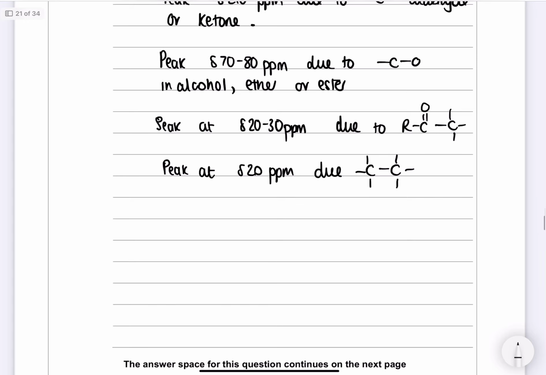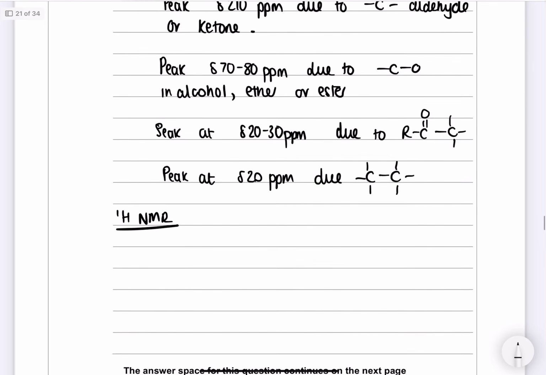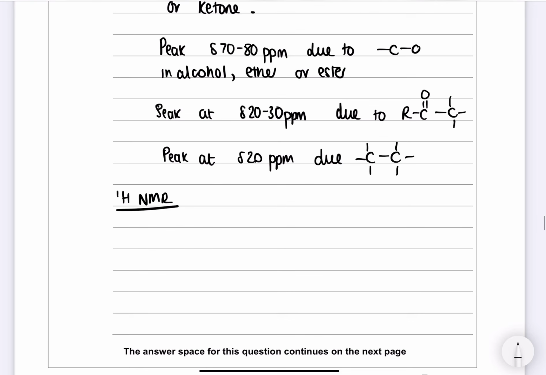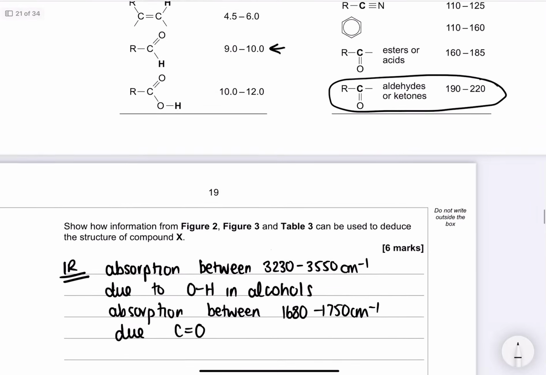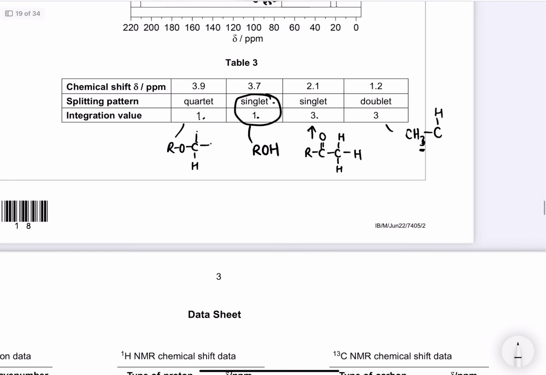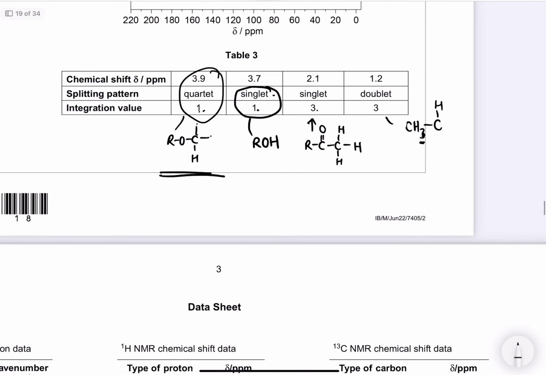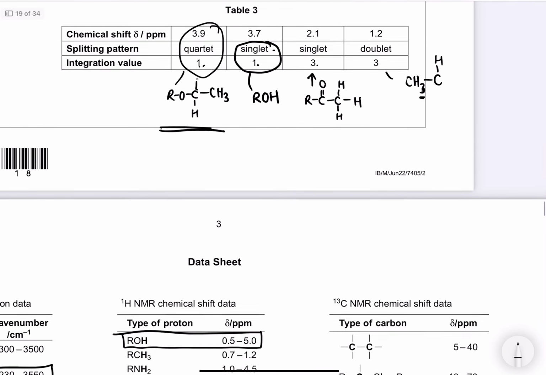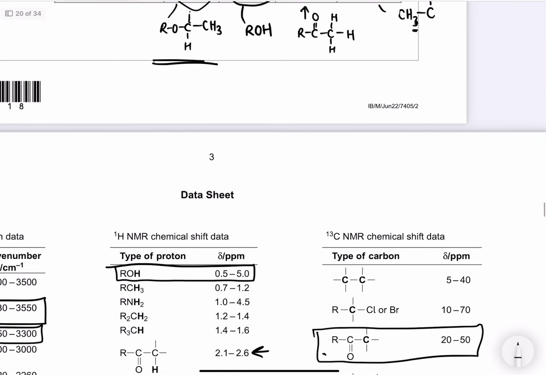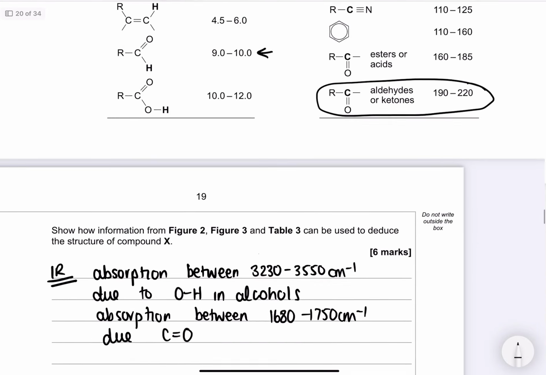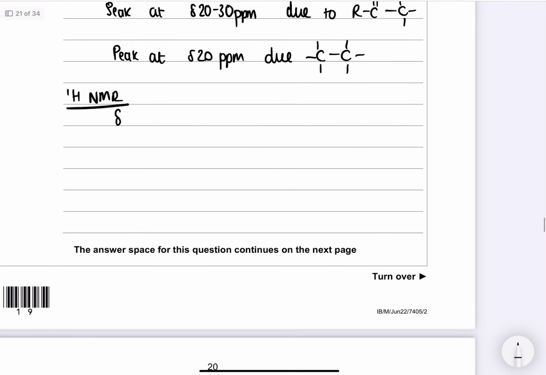Then if we look at our 1H NMR, we saw that we had, again, a peak, if we go back, scroll past our data sheet there, 3.9, which we said was this type. And it's a quartet, so that next to it is a CH3. So let me just go back and we do each of these.